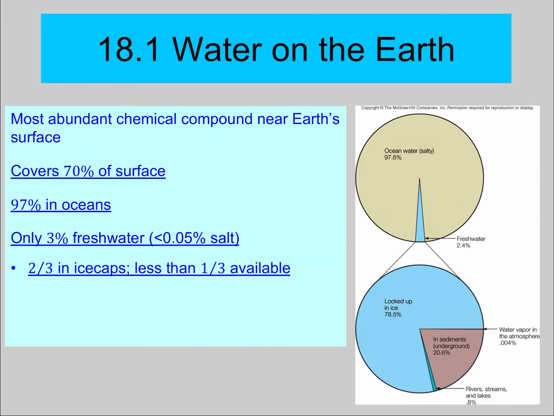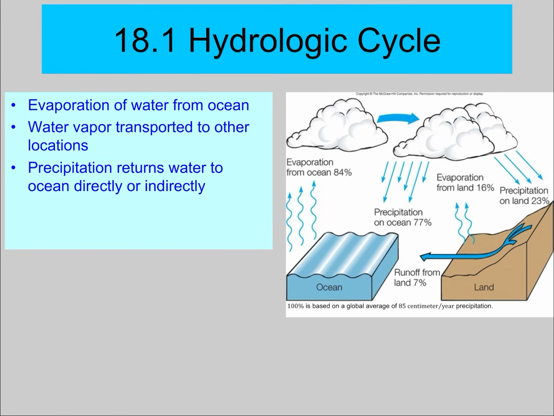Two-thirds of our fresh water, however, is locked up in ice caps, so it means we have less than one-third of our fresh water available for all of the uses that we use it for.